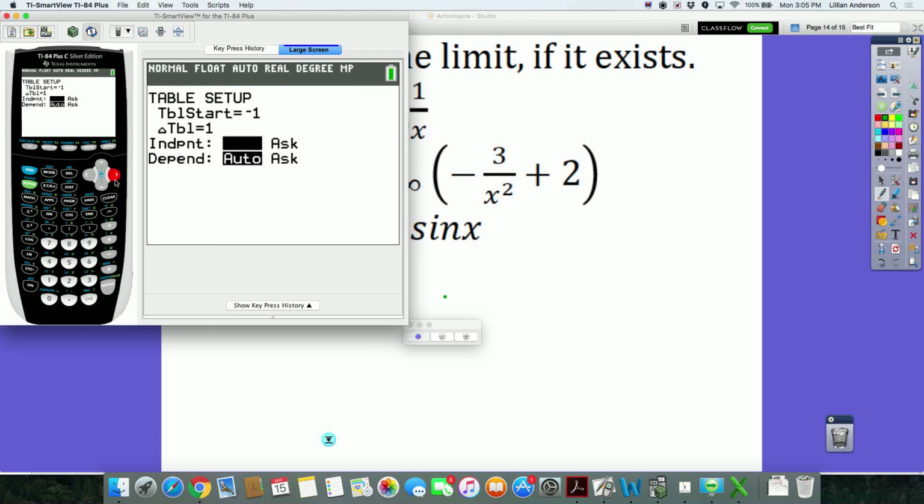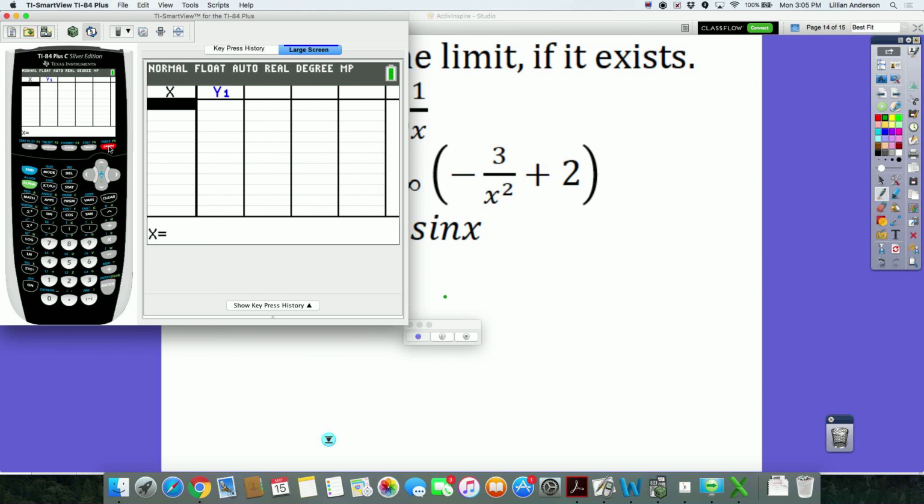But let's take a look at our table. And let's plug in those super big numbers like 1,000, 10,000. The negative means that instead of making the number bigger, you're making the number smaller. This is going to be approaching what number? I would say 0.